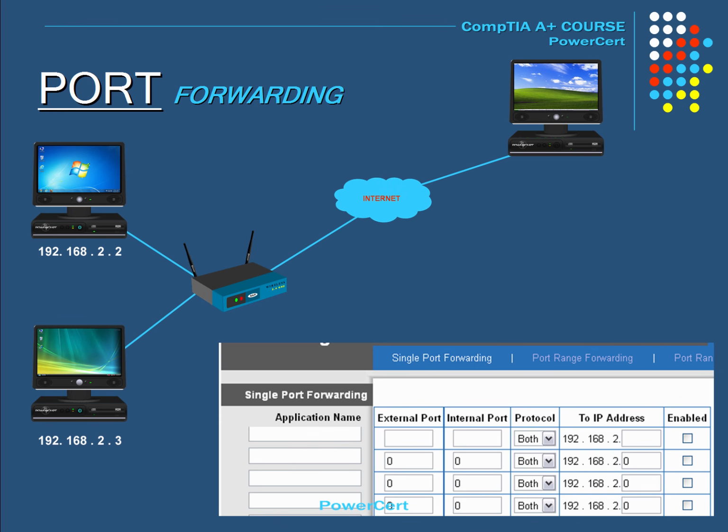Here on the port forwarding configuration page, you have to forward the RDP port to the correct computer. So you type in the RDP port number, which is 3389, and then you point it to the IP address of the computer that you want your friend to access, which is 192.168.2.3. Once that's done, the router knows where to forward that request, and the connection is now complete.